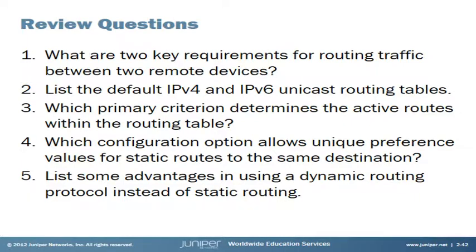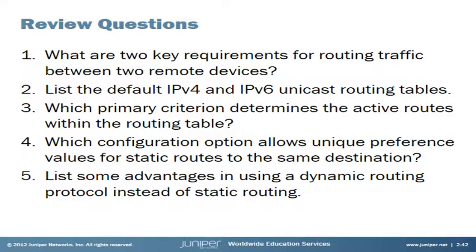Which primary criterion determines active routes within a routing table? So we're talking about the selection criteria that has to do with the source of the routing information. What was that again? What do we call that? What's the name for that? It's called route preference. Route preference. Okay.